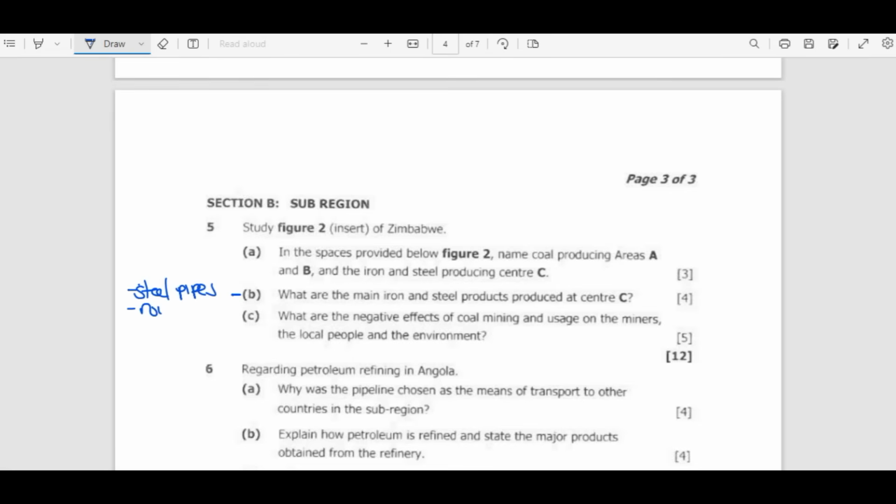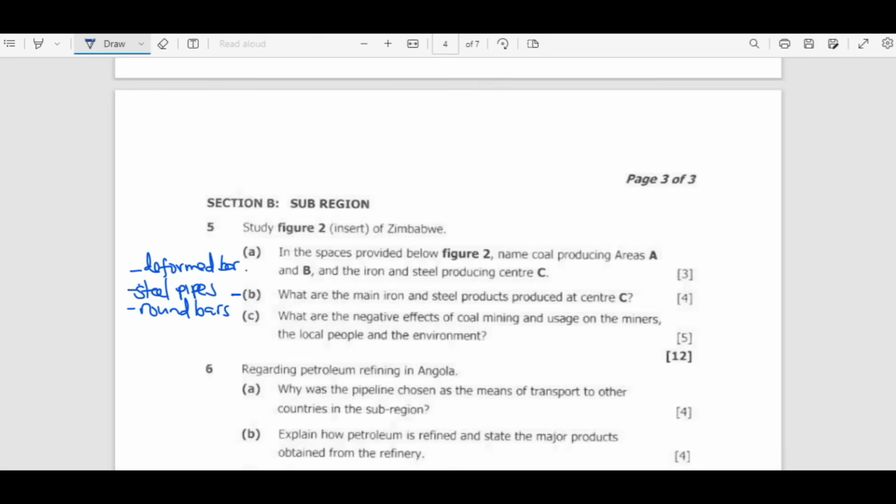And then we have round bars, which are used for construction. And then apart from round bars, we also have deformed bars. Deformed bars are produced.